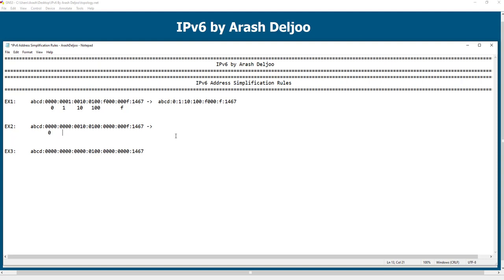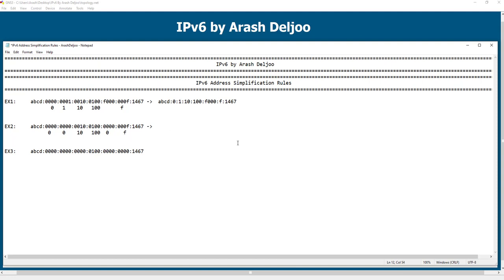Again, we have quad 0. We can use 0. And then 0010 we can use 10 instead, and 0100 I can use only 100, then 0 again, and then F, and then for example 1467.